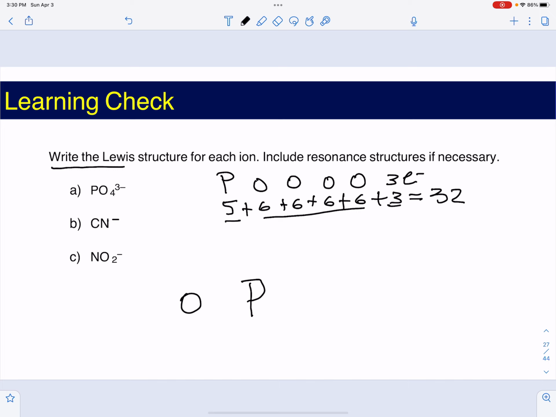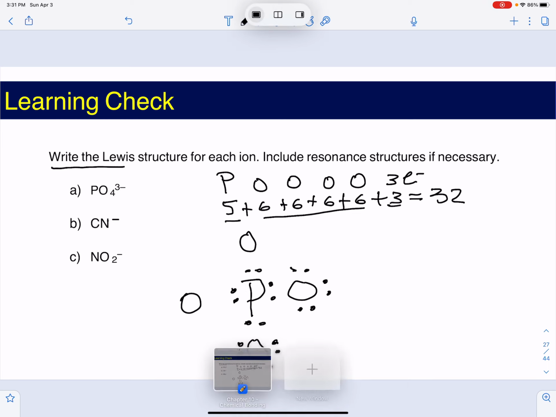The first one will be the center one. And based on symmetry, we will put the oxygens evenly spaced around the central atom. And we have to use 32 electrons, so 2, 4, 6, 8, 10, 12, 14, 16, 18, 20, 22, 24, 26.